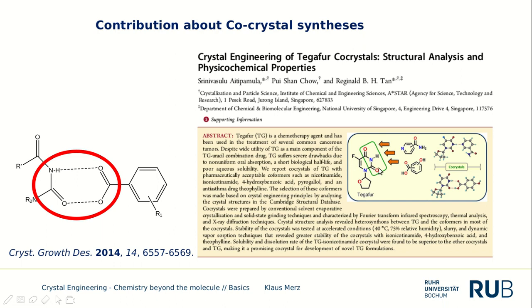You see functional groups, C=O, NH, C=O, and they selected special compounds called co-formers, which exhibit nitrogen atoms or keto functions or some other functional groups, and looked if it's possible to build up such units which are responsible for building up co-crystals. Okay?